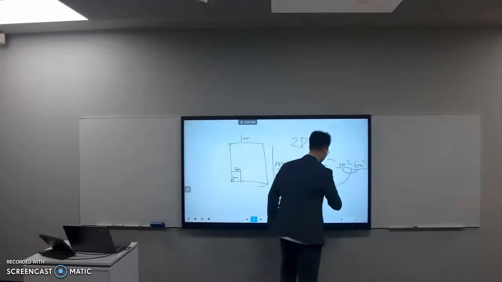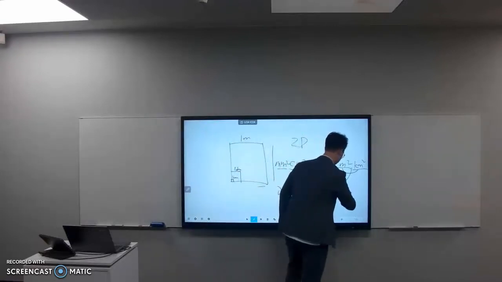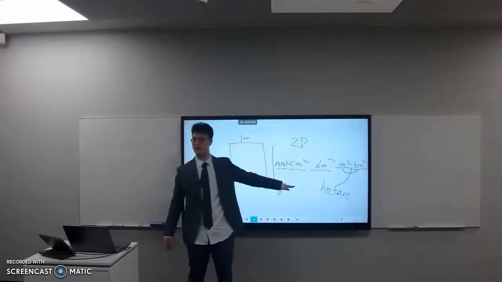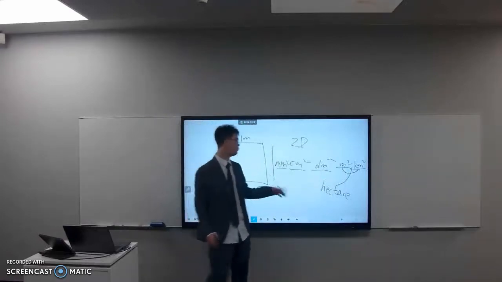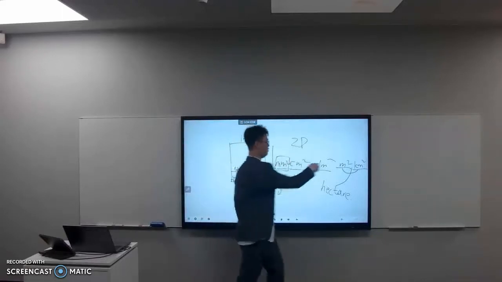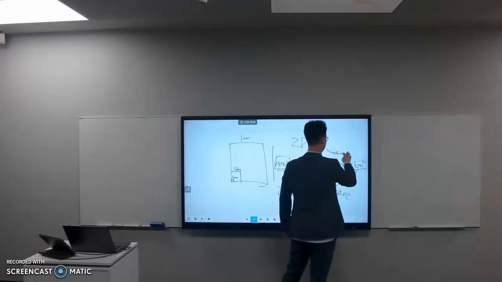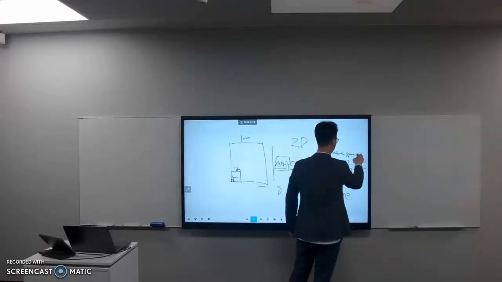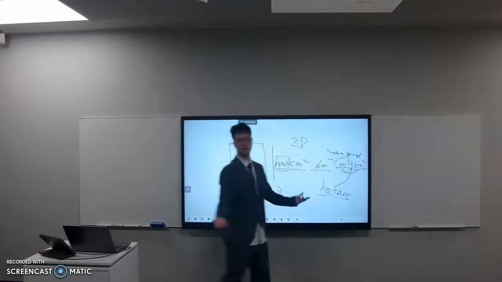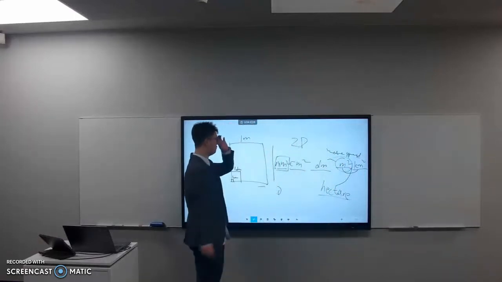It's called hectare. Hectare doesn't have its own abbreviation like this one. This one actually stands for millimeter squared, and this one for meter squared. This one just doesn't have an abbreviation, which is a bit annoying.